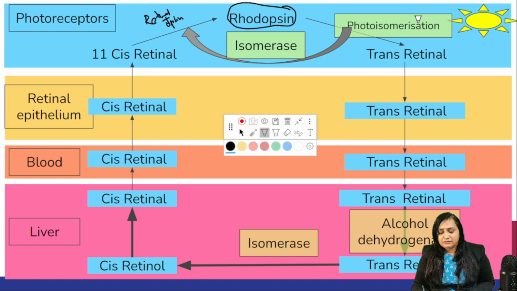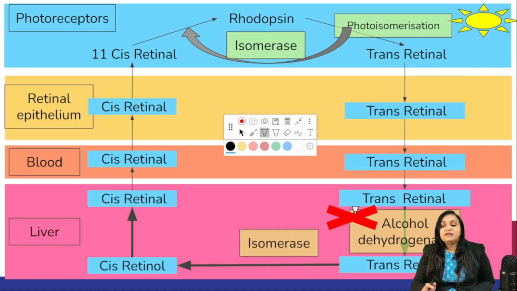By the reaction of photoisomerization with the help of isomerase enzyme, transretinal can get converted to 11-cis retinal also. Now this transretinal will again go back to the retinal epithelium, go back to the blood, and in the liver be converted to transretinol with the help of alcohol dehydrogenase.